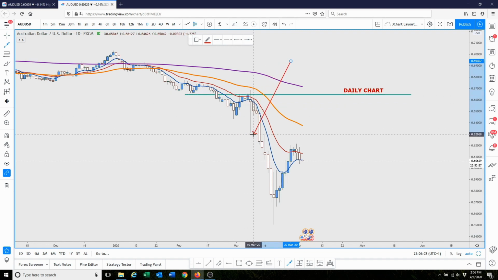We had this big wick, and I want you to notice this, because oftentimes when you see a big wick like this, especially at a lower high, we're most likely going to be making lower lows. And that's what happened. So if this was the beginning of March, you could have placed a trade here and been in it until the 20th of March.